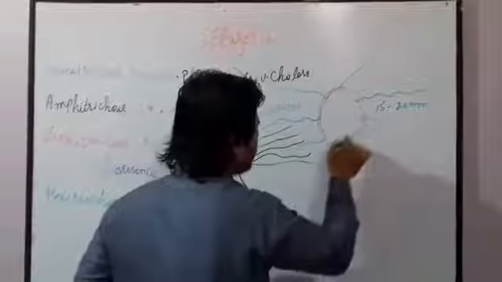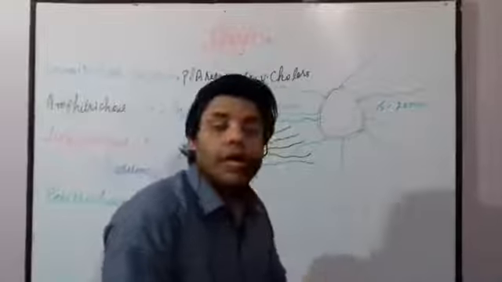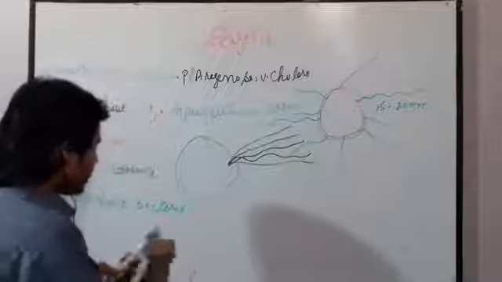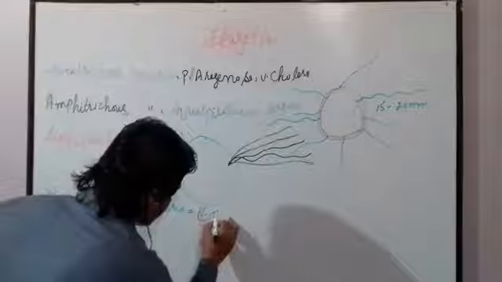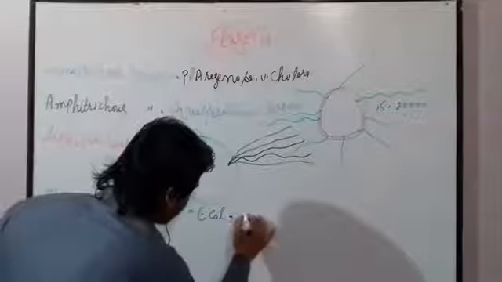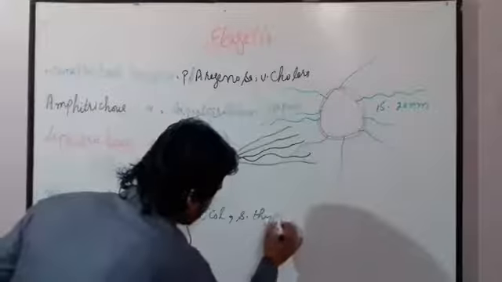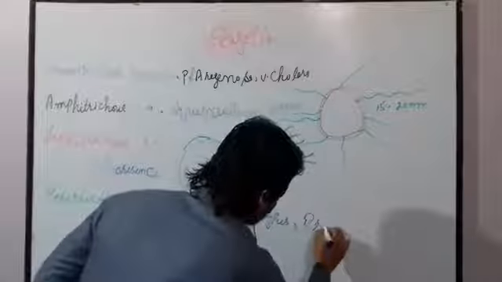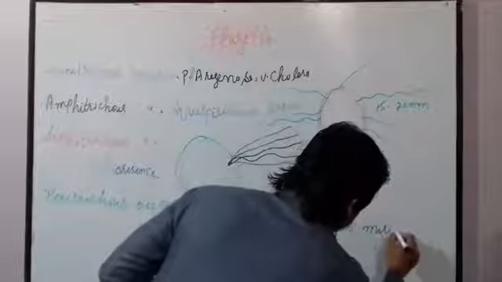When a bacterium has a lot of flagella on different sides, we call that peritrichous bacteria. Examples of peritrichous bacteria are E. coli, Salmonella typhi, and Proteus mirabilis.